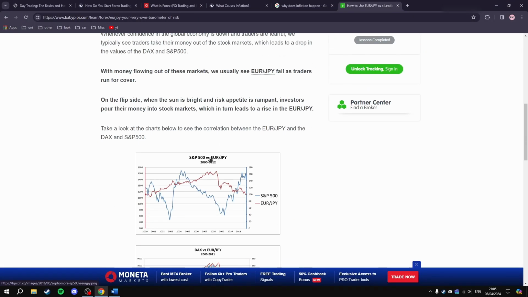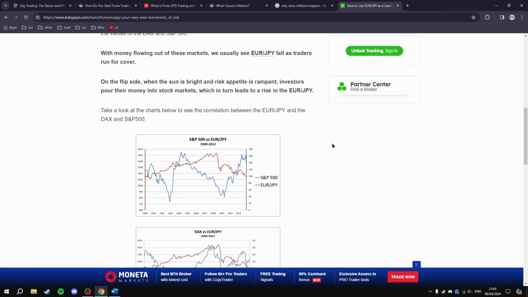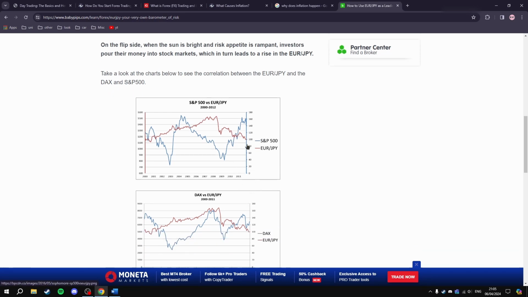Take a look at the charts below to see the correlation between the EUR/JPY and the DAX and the S&P 500. So the S&P 500 is the blue line, EUR/JPY is the red line. What can we see?